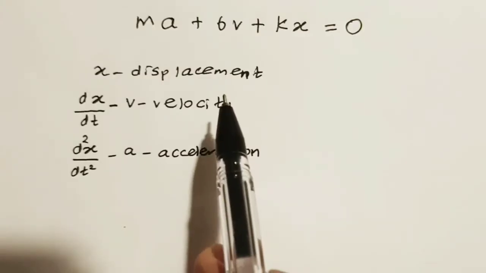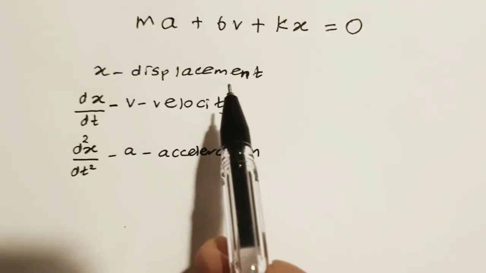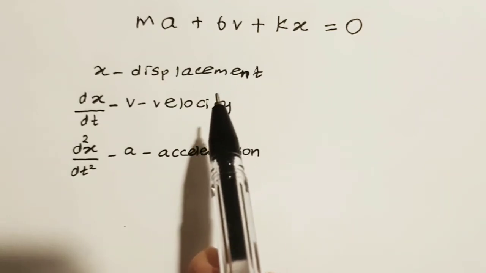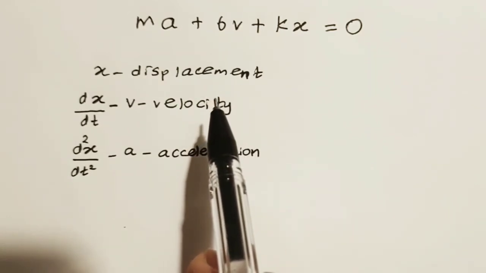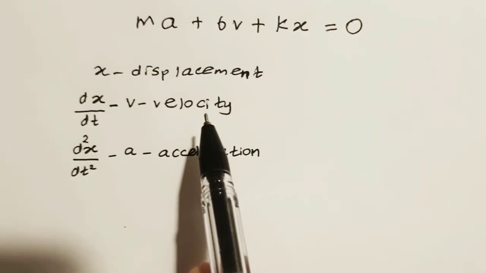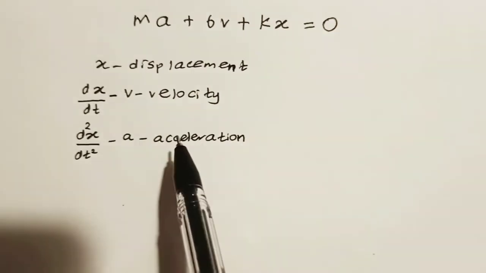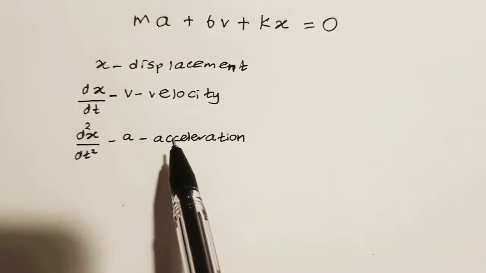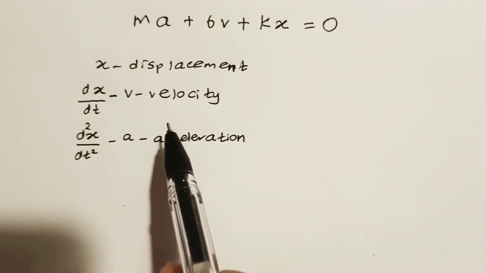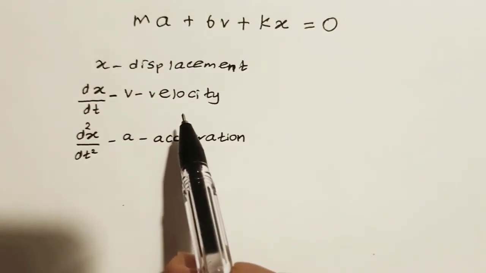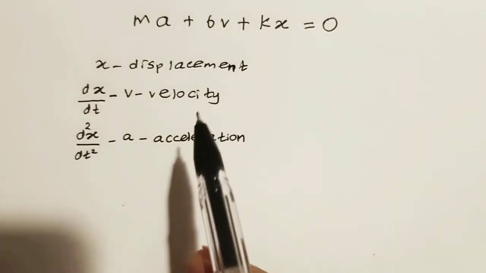Now we have stated the equation after the simplification. We know that the displacement would be x, the first derivative of the displacement would be the velocity, and the second derivative would be the acceleration. For our convenience, we would add these terms inside this equation.